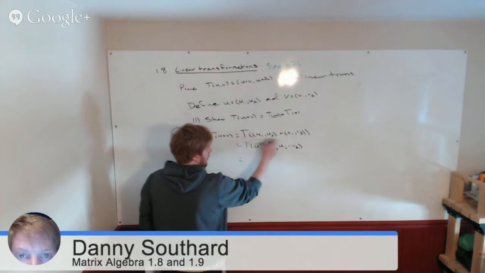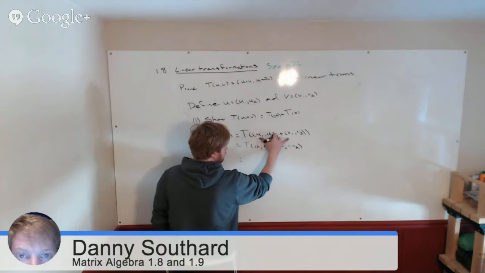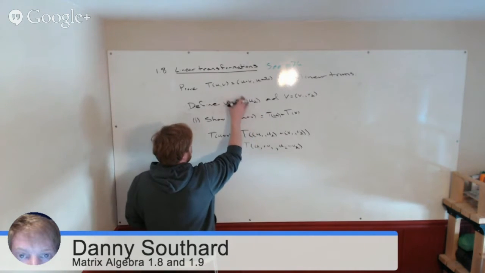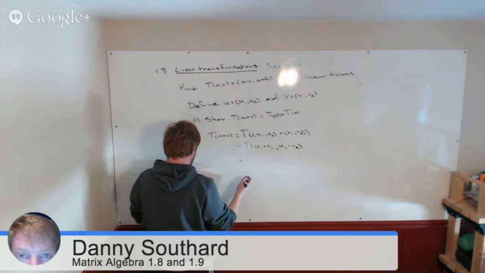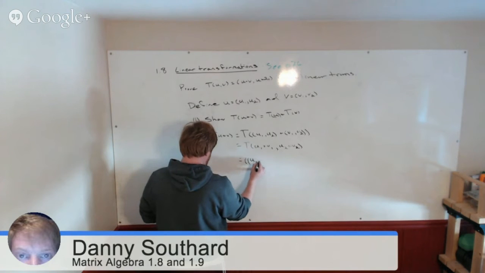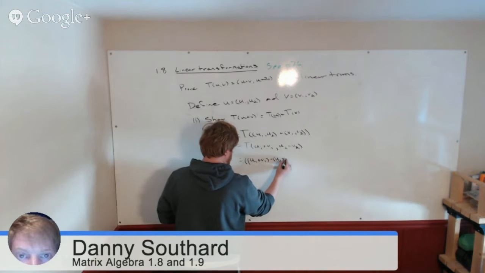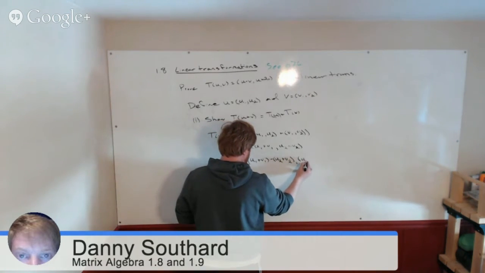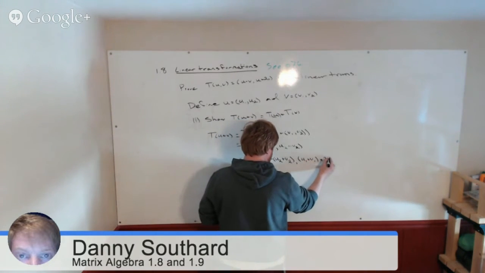Okay. We're just adding vectors here, right? We add the corresponding components. Now we use my transformation.